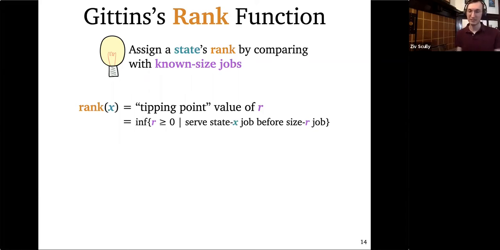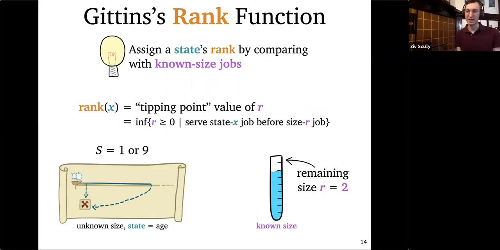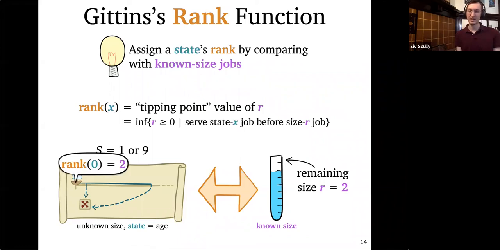So to go back to our example on the previous slide, it turns out that when you have remaining size 2 versus coin toss between 1 or 9, in this scenario, it's equally good to start serving either job. And so that means that the rank of this state, namely age 0, is 2. And more generally, if you've got a job in some arbitrary Markov process, in some arbitrary state, the way I like to think of it is you compare it against a job of known size.